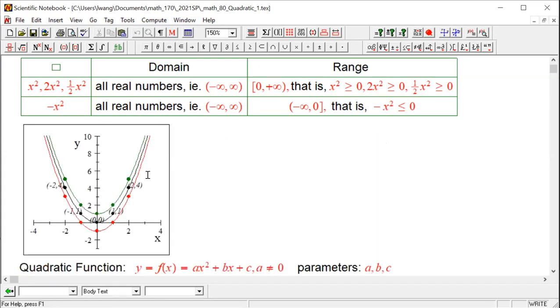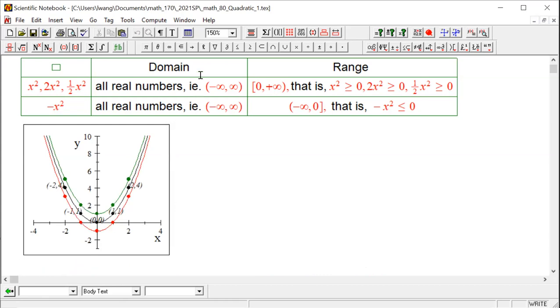For these three functions, of course we know that we have x squared. X squared is the one in black. X squared plus 1 is the green.